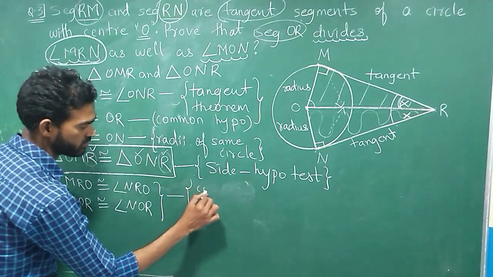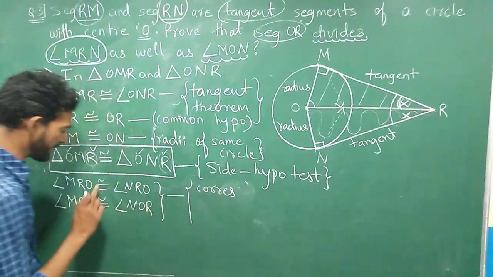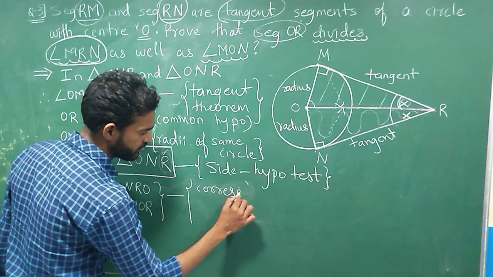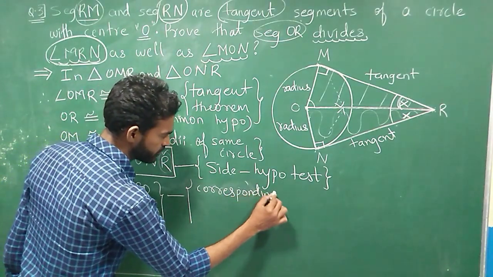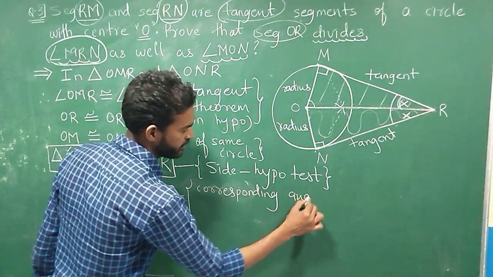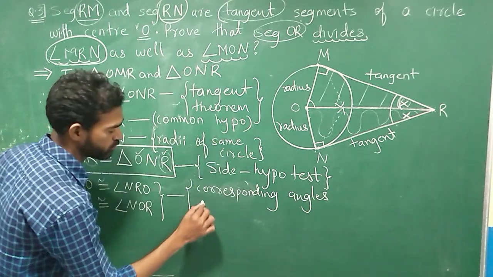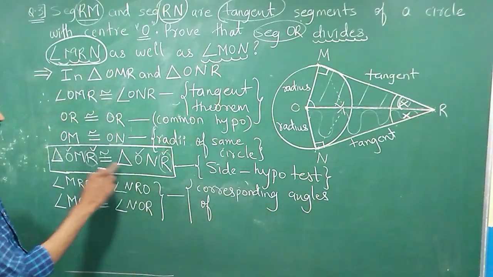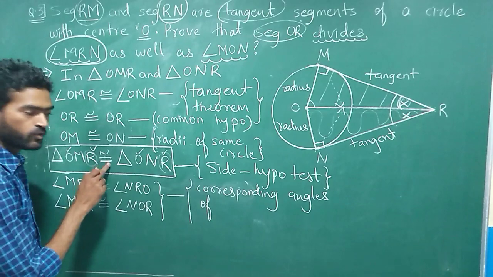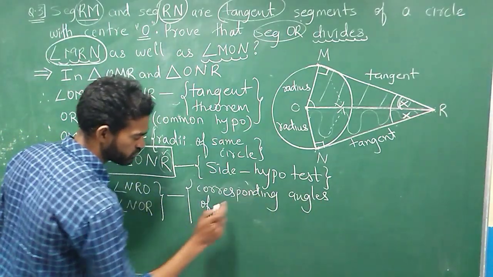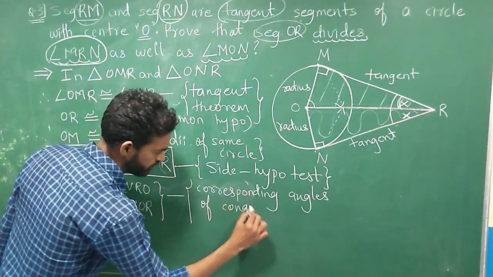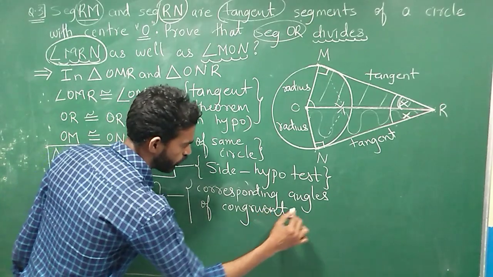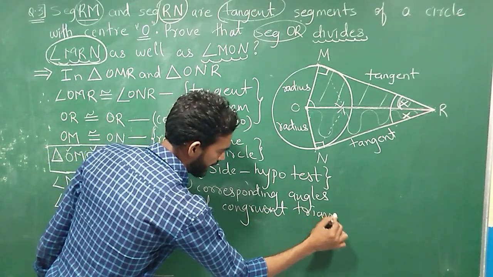They are corresponding angles of which triangles? Triangles already proved congruent. So, corresponding angles of congruent triangles.